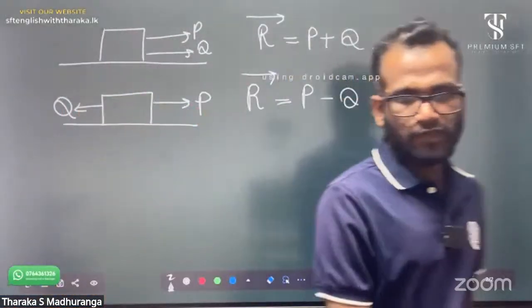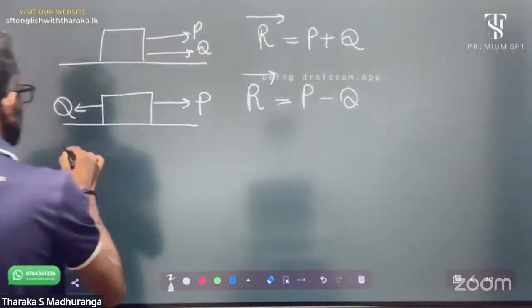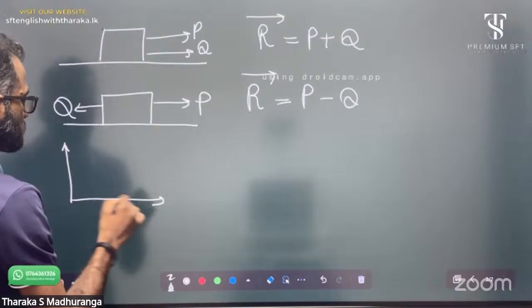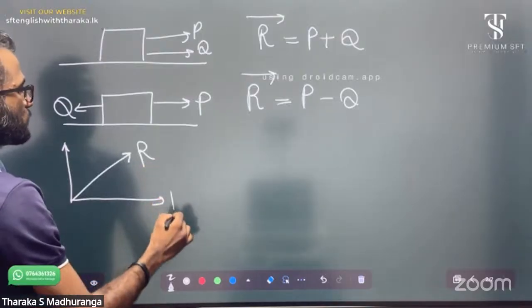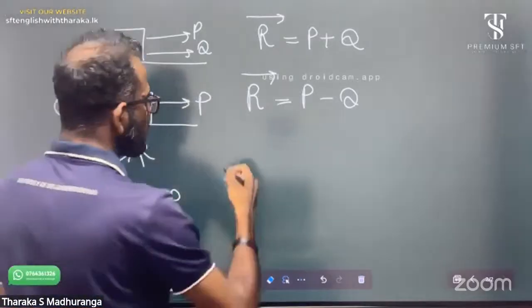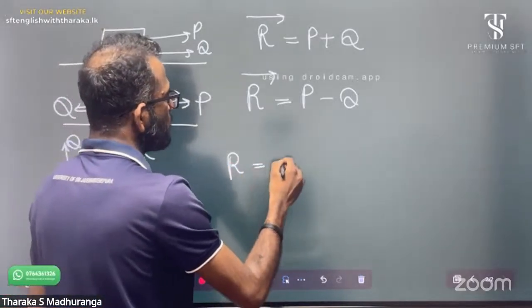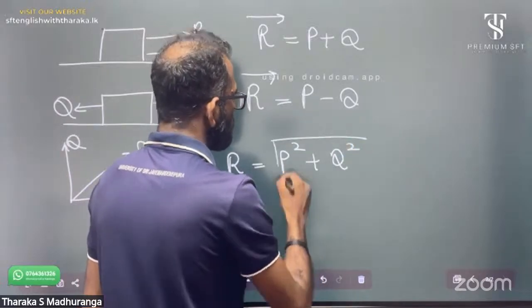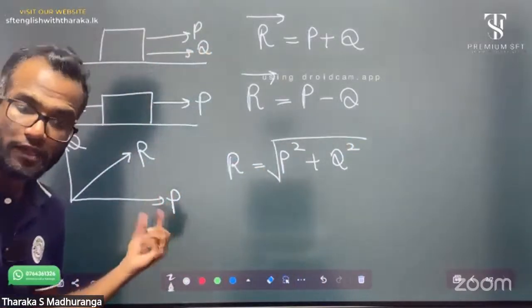Two forces acting along perpendicular directions: the resultant force R is found using Pythagoras theorem, R equals the square root of P squared plus Q squared.